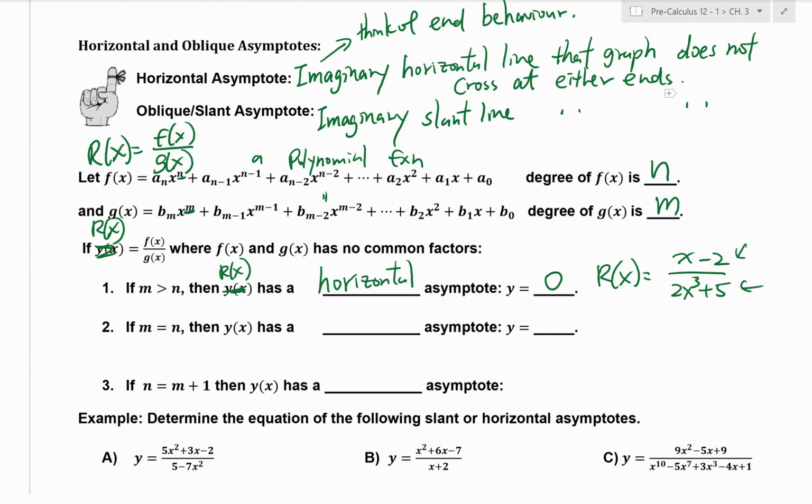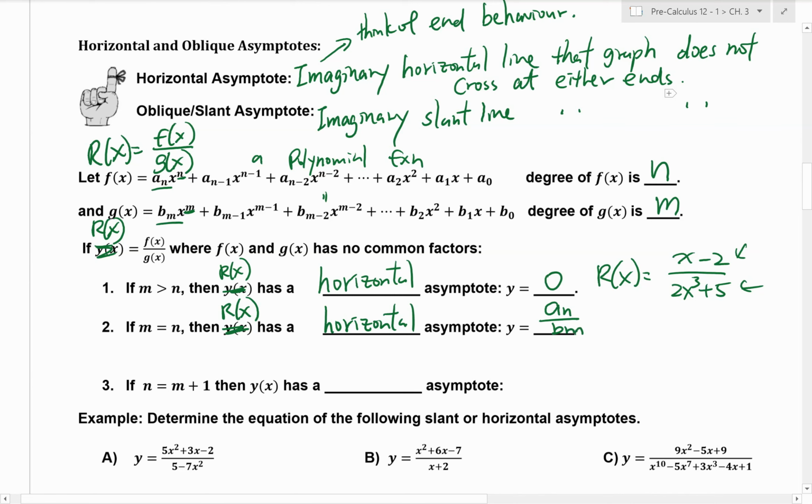Okay, in the second case, what if the degrees are the same for both numerator and denominator? In that case, this rational function would again have a horizontal asymptote. And the equation in this case is going to be y equals an divided by bm.